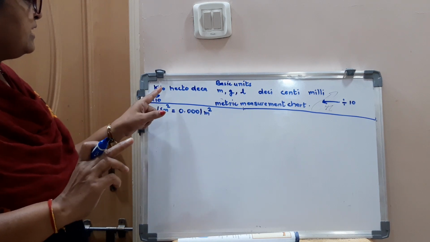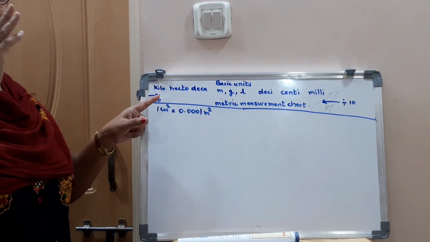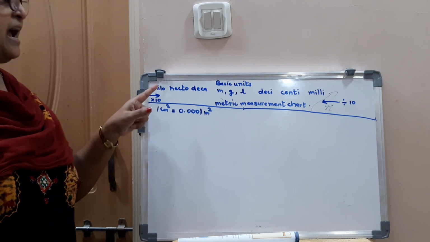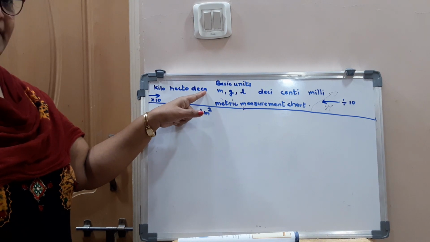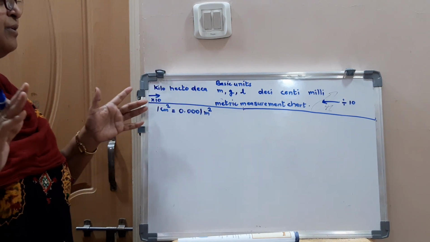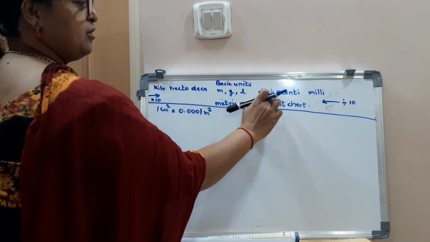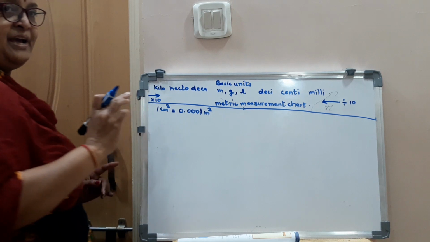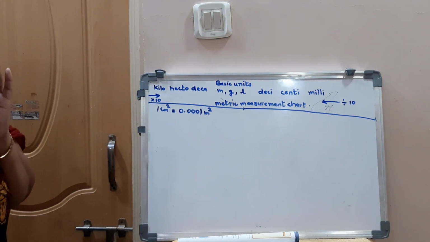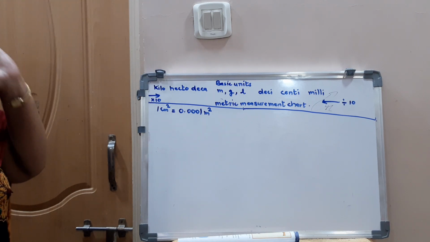You can see that kilo, hecto, deca are the big units, and their endings are O and A. These are the bigger units, and the ones with I as a vowel are the small units: deci, centi and milli. Like that you can understand the metric measurement chart. I has the smaller units, and O and A have the bigger units.